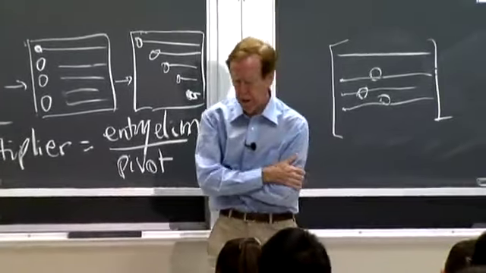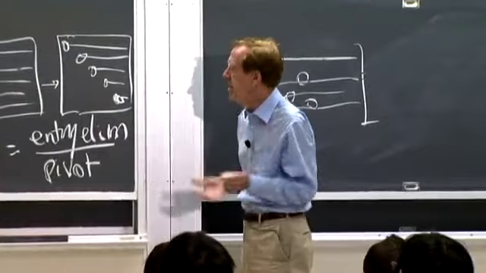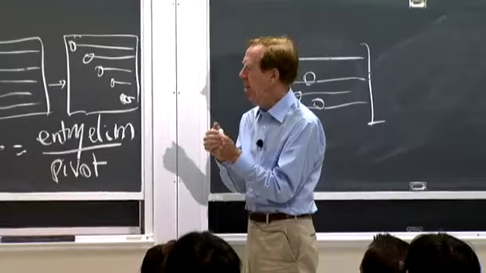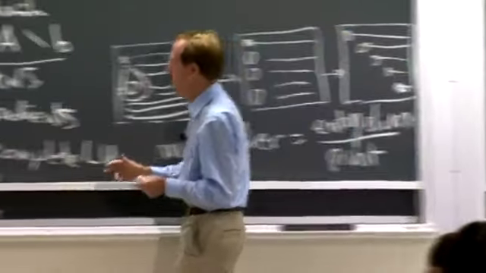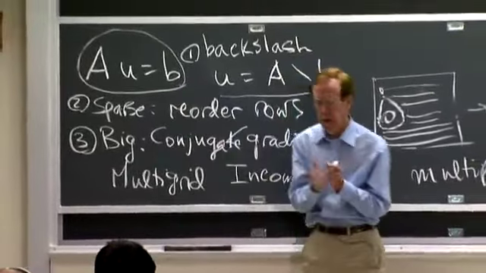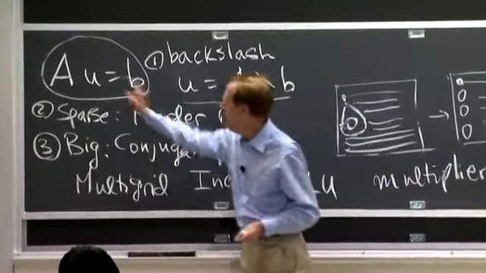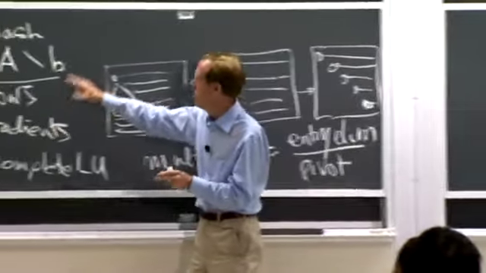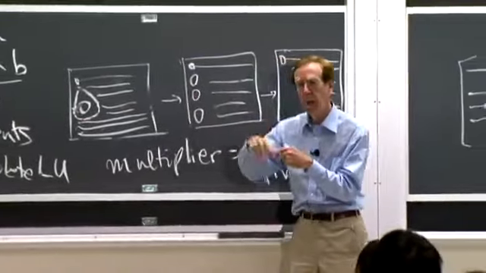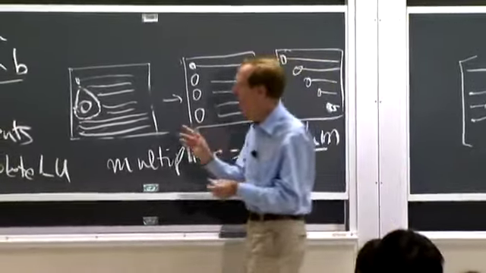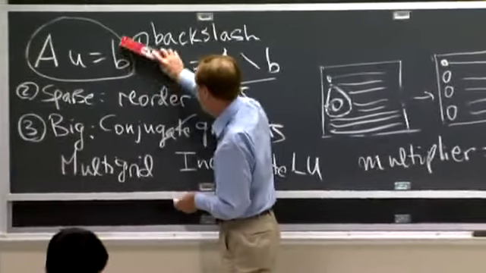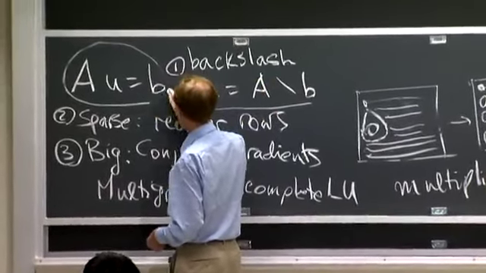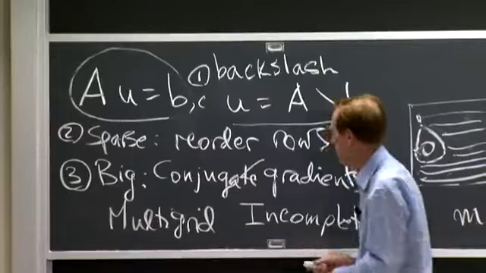So backslash is the key to talk about. Let me see, let's just think, what does backslash do? Suppose I had two equations, two different right-hand sides, B and C, with the same matrix A. Would I solve them by doing U equals A backslash B and then separately A backslash C? No. If I had two equations with the same matrix, there's a big saving.